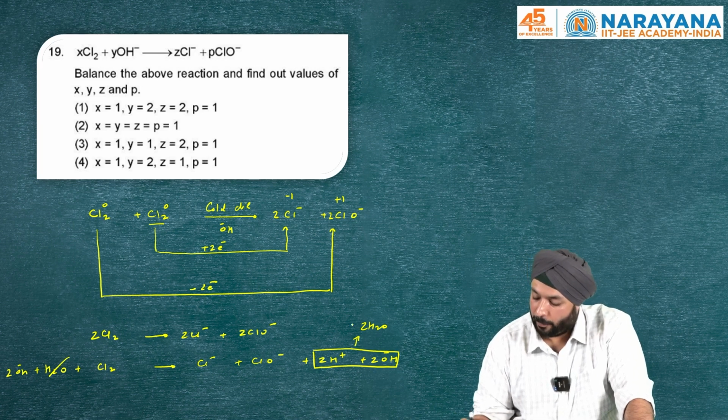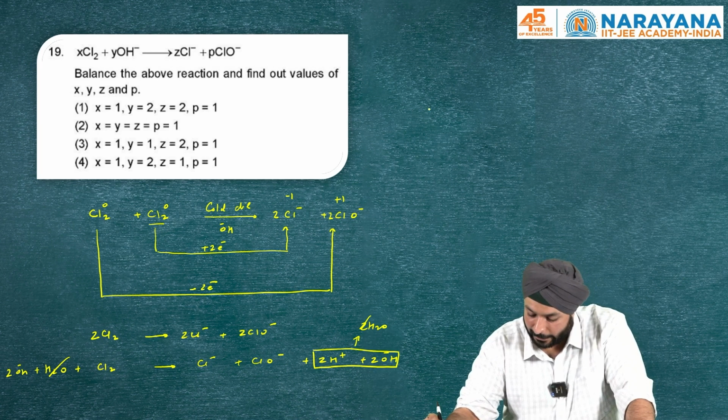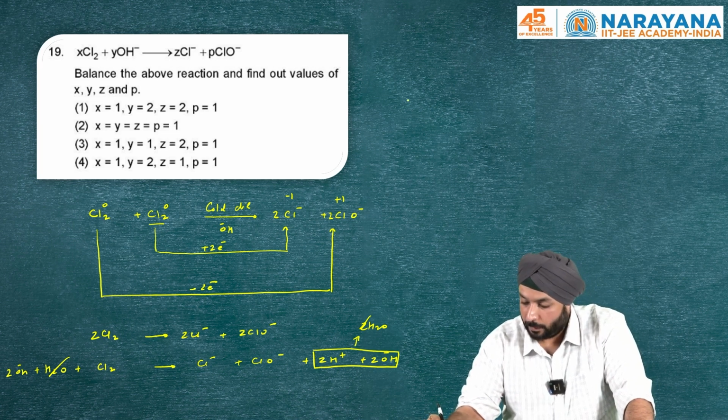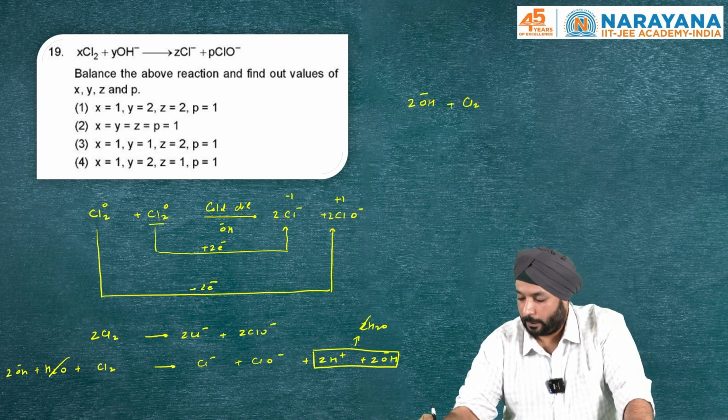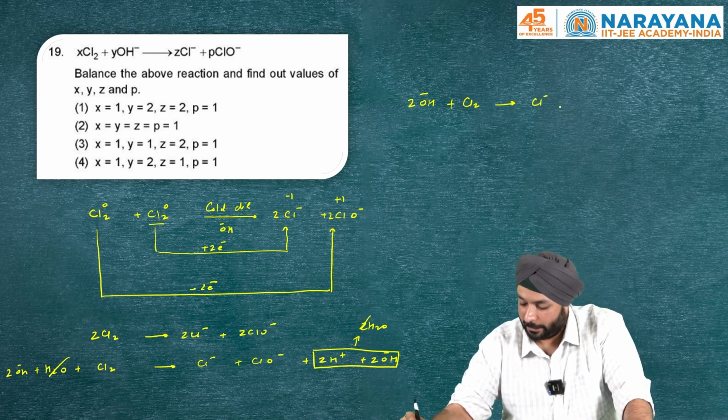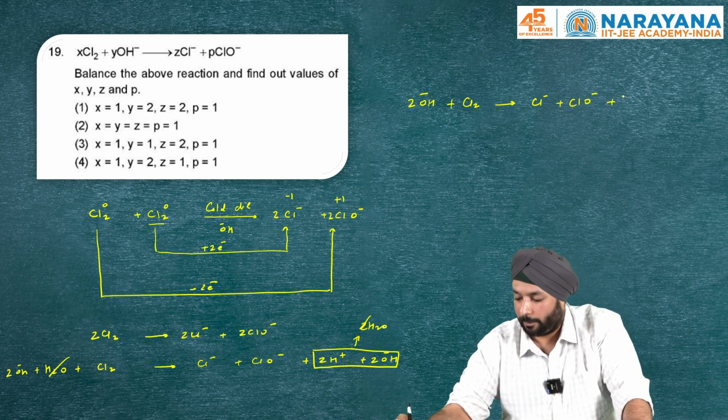Here I have already one water molecule, cancel it. So you will get a reaction here: 2 OH minus plus chlorine gives Cl minus, ClO minus and a water molecule.